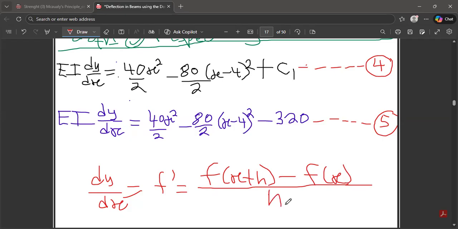And h is the distance under the curve. So in short, dy/dx is the slope.